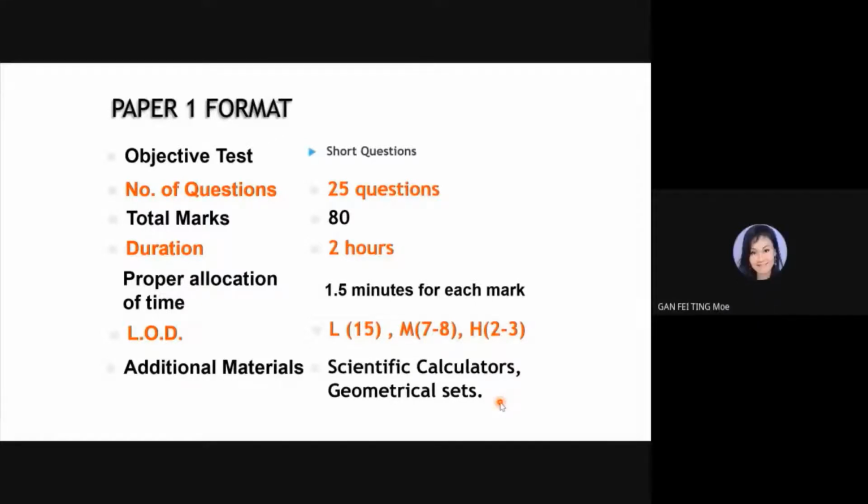Because in the exam, we do not know what is going to haunt us at that moment. We might get lost, even though it's very easy for us, but in that particular moment in exam mode, where the question paper is right in front of you, you feel nervous and all your ideas have gone. So you need all these tools to help you bring your ideas back. For the scientific calculator, if you're using one, please pay attention.